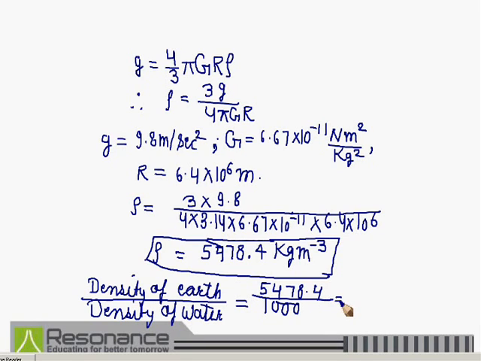By solving this, we get approximately equal to 5.5. So, the density of Earth is about 5.5 times the density of water.